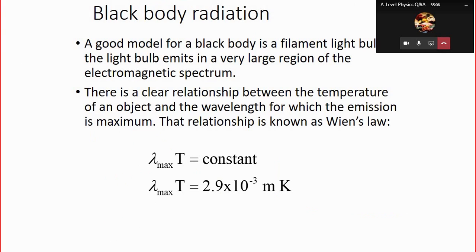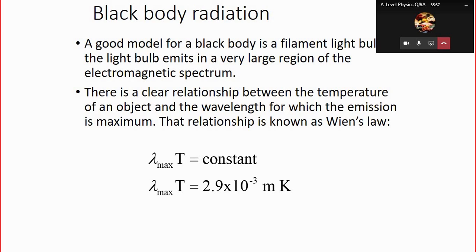And this is the relationship that we need to remember. It's called Wien's law. So we had Stefan's law, or Stefan-Boltzmann law before, that related luminosity to temperature and radius. Now we have Wien's law. And this is relating the wavelength of the peak of the spectrum to the temperature. And it does so via this constant, which is known as Wien's constant, which is 2.9 times 10 to the minus 3.